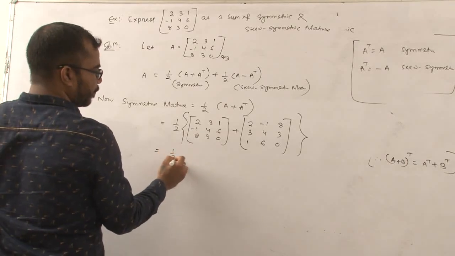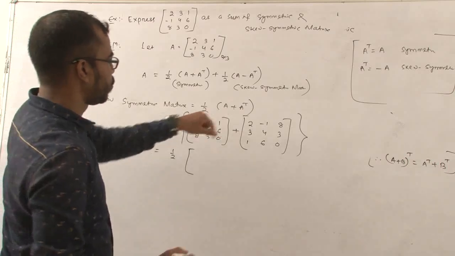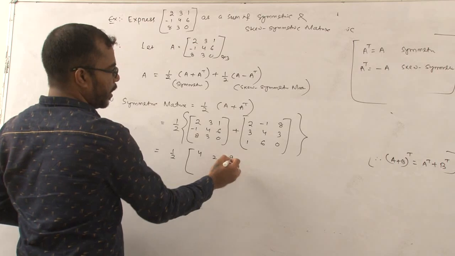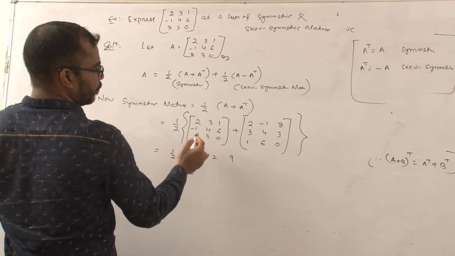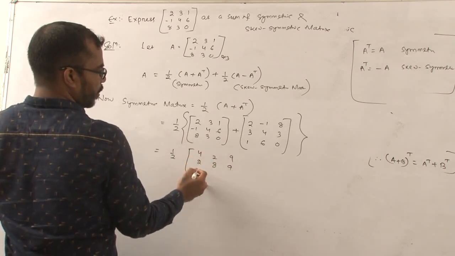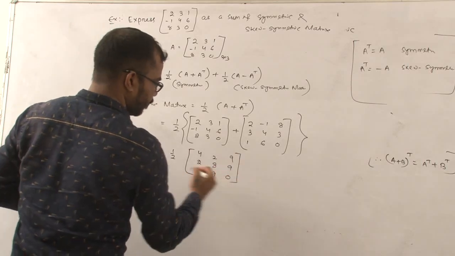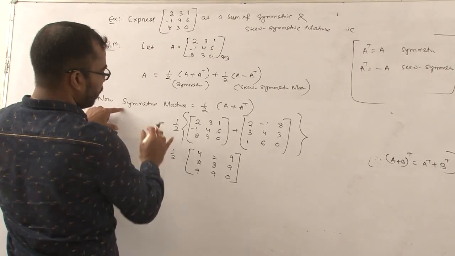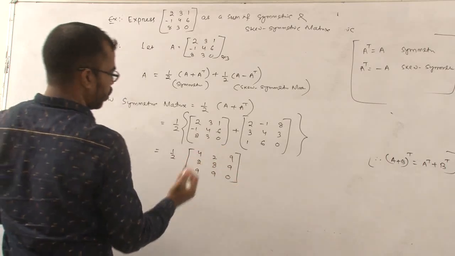If we add them, then we get 2 plus 2 that is 4, and so on, giving 4, 2, 9, 2, 8, 9, 9, 9, 0.